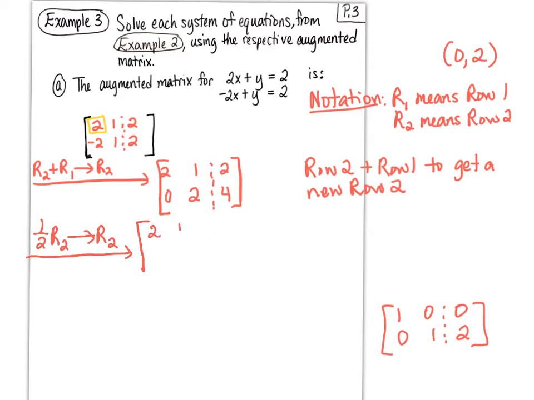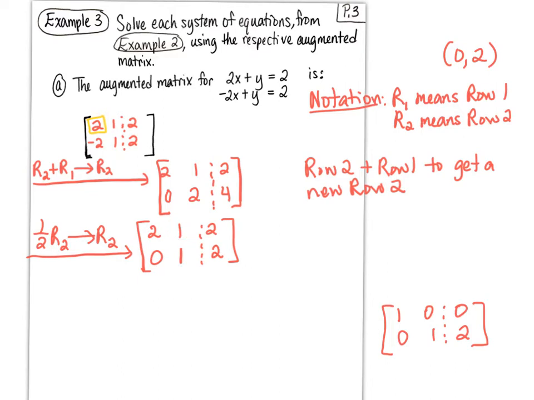First row did not change, so you have 2, 1, 2. Then we have 0. What's the next one? What is it? 1, good, and then 2, good. So we've created a 1 here. Now what we're going to do is we're going to use this 1 to create a 0 here.